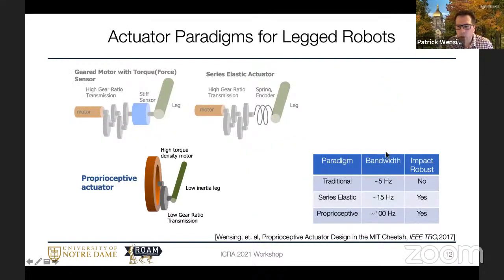So we've quantified these bandwidth numbers, but I haven't really quantified this impact robustness. So in our paper in 2017, we came up with a way to quantify the capability of the passive dynamics to mitigate impact impulses. Let me try to diagram it for you.